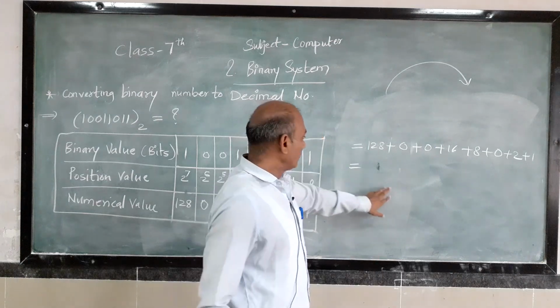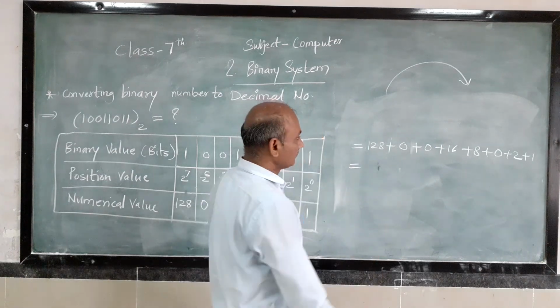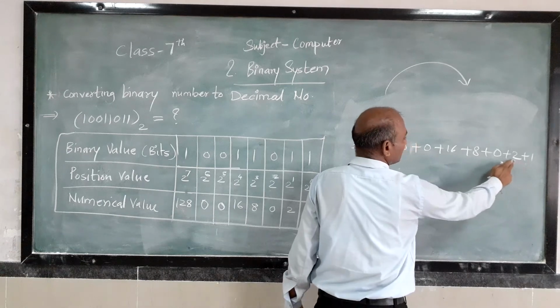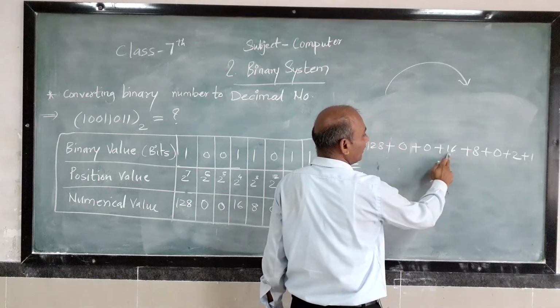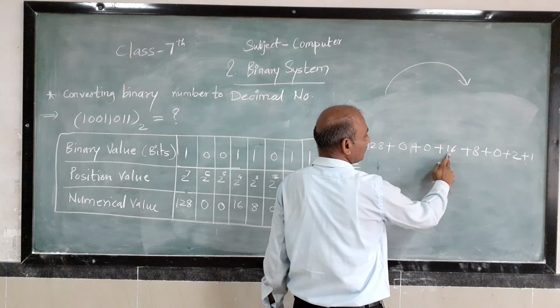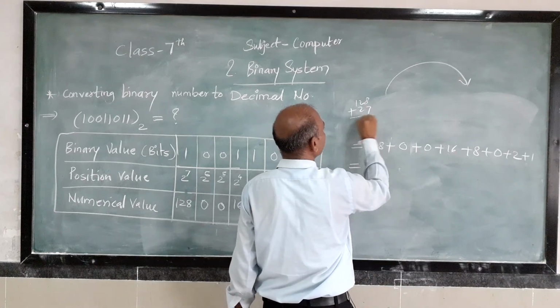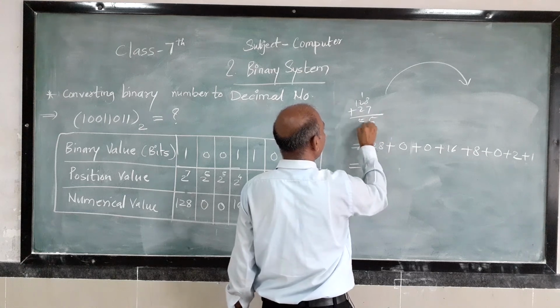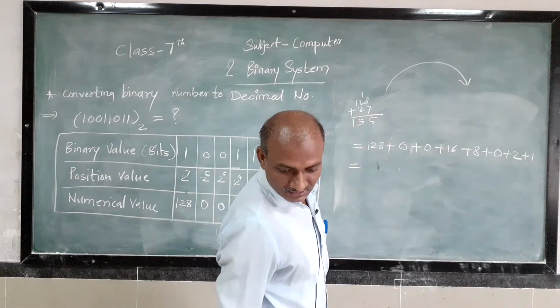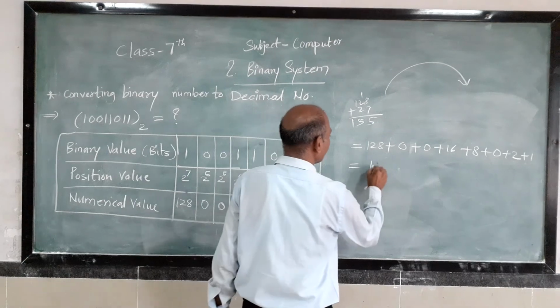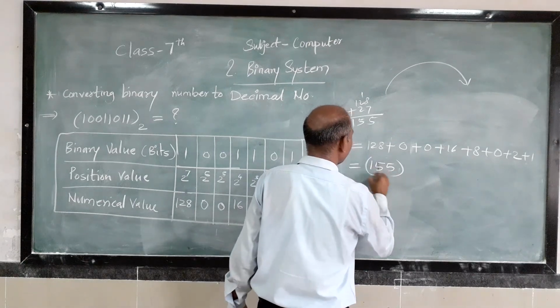Do the addition now. 1 and 2, 3. 3 and 8, 11. 11 and 16, 27. 128 plus 27, how much comes? 155.